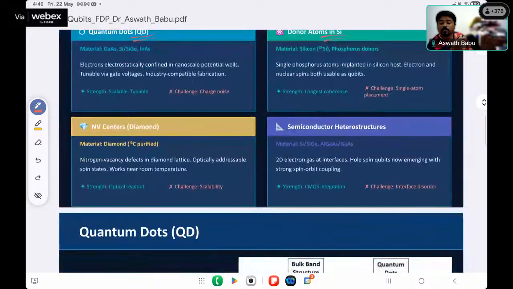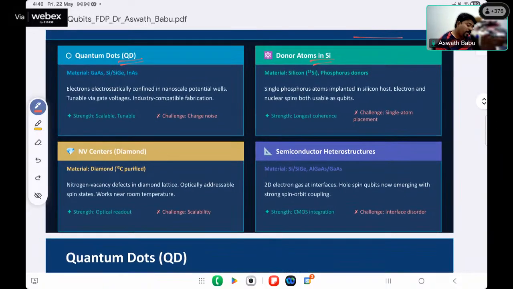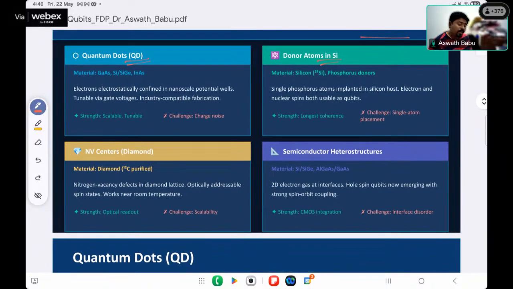Okay, right? The way we dope silicon with pentavalent donors like phosphorus to create quantum dots, we take a diamond, which is made up of carbon like 12C, remove a few carbons and put nitrogen into it, and deliberately leave some locations of carbon vacant. This is called vacancies. Usually we have nicely structured carbons.